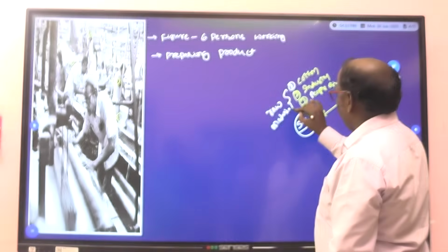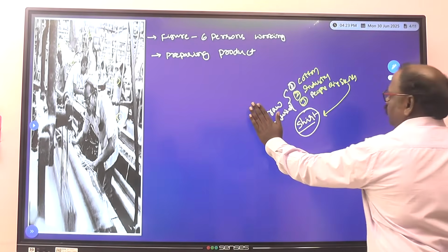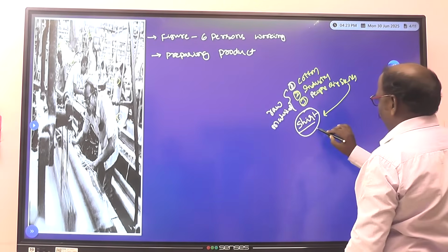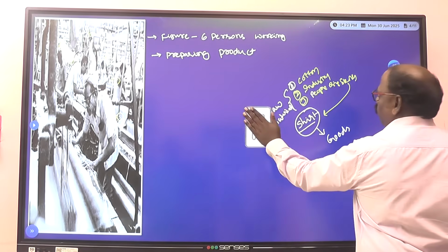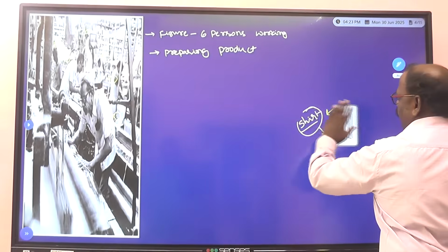So if you want to have the shirt, we need all these things. These are what we call raw materials. In this way, this is the final good they are going to be preparing. I will explain it clearly.